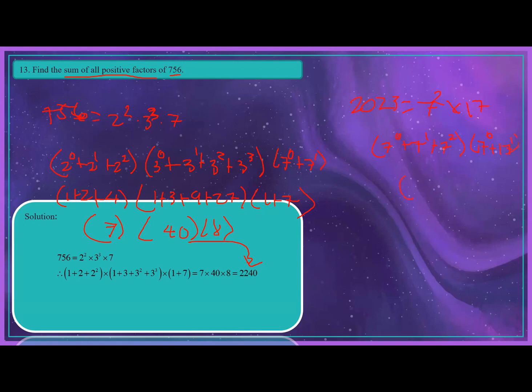So this is 1 plus 7 plus 49 times 18. So this is 57 times 18. I'd like you to solve for this. That's your task now. Basically that's our answer.